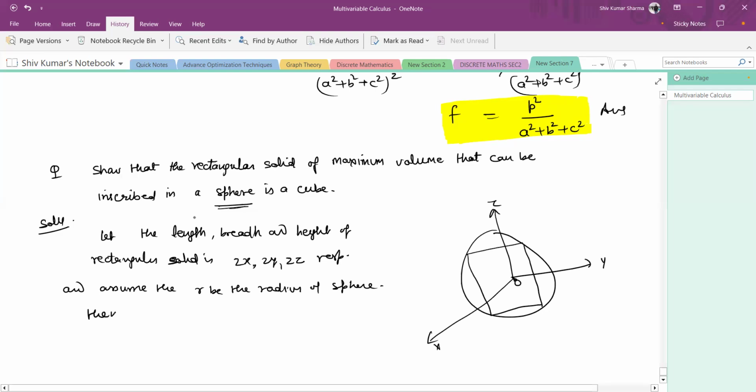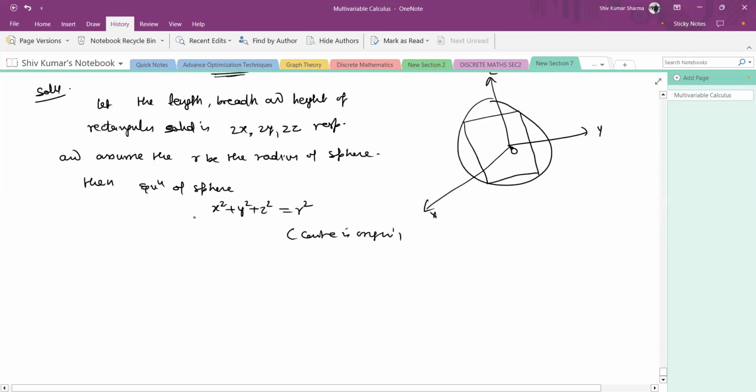Then the equation of the sphere is x square plus y square plus z square equal to r square. Here we consider the center is the origin. So this is our first equation.